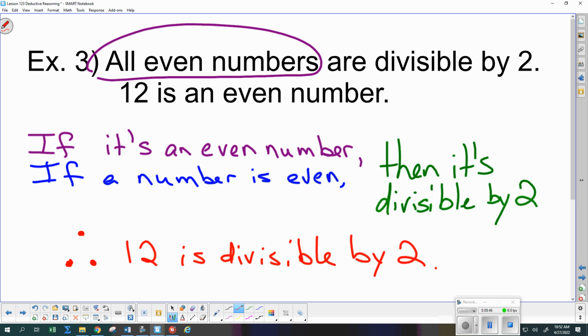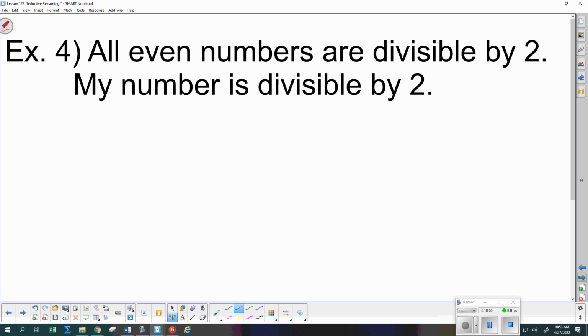Now, that one's a little bit hard for us just to be thinking about because those two things are synonyms for us. Divisible by 2 is a synonym with being even, but we have to separate and take a step back and say we have to make it match the logic of the sentences in this case, because that's what we're practicing now. So all even numbers are divisible by 2.